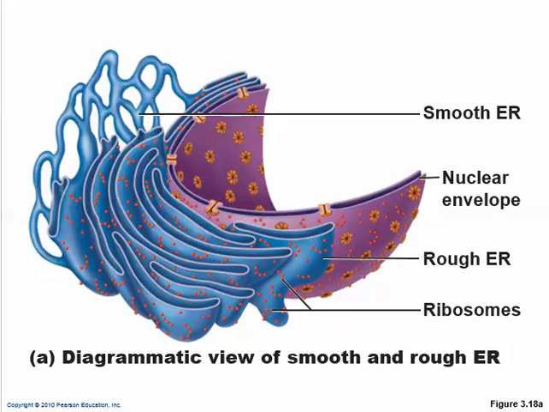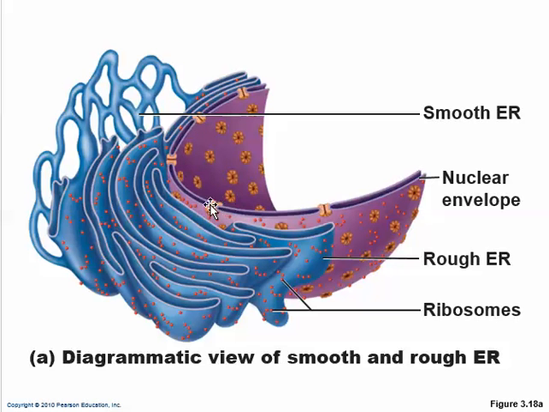So the rough ER is the one with the ribosomes studded on it, and you'll see that it's continuous with the nuclear envelope. We'll see why in a minute, but you'll notice the nuclear envelope has little pores through it, here and here and here.